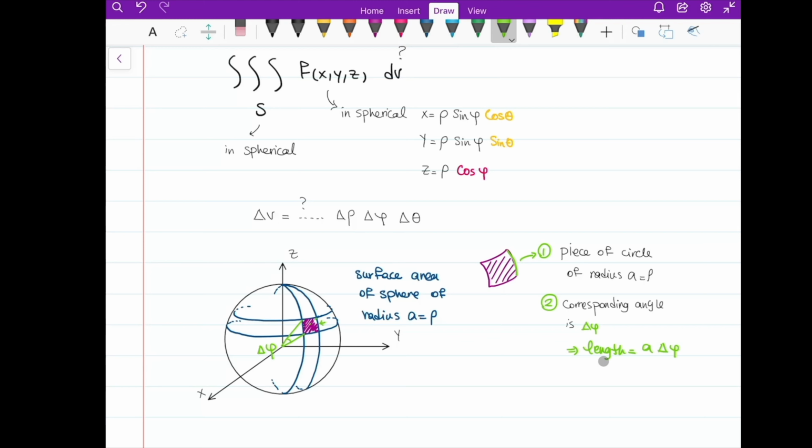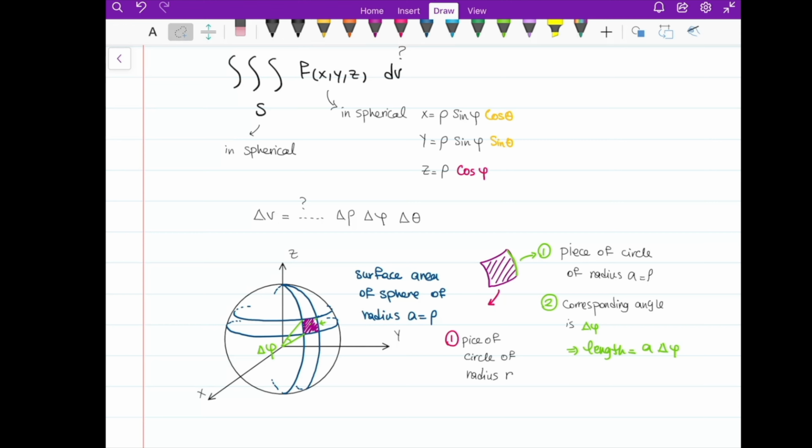And looking at this side, this side in here is a piece of a circle of radius r. Well, what is that?